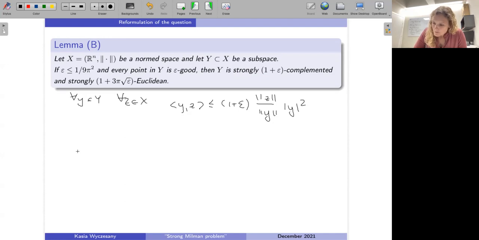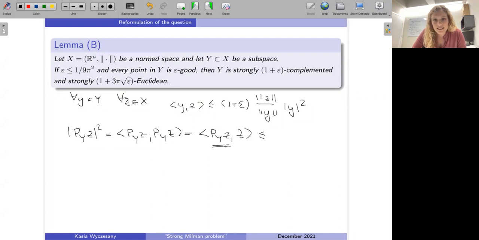So if I look at the norm P_Y of z, this is a vector already in Y, and therefore this is equal to P_Y z, of course. And now we can use the fact that this vector is in Y, because it's a projection onto Y, and so it is epsilon good.